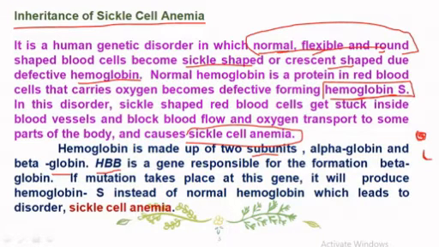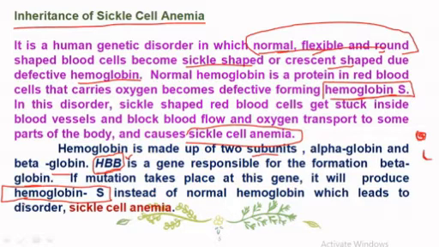It is responsible for the formation of beta globin, but if a mutation takes place in this gene, due to some mutagens, the hemoglobin S will be produced, and this is very important for the formation of sickle cell anemia.